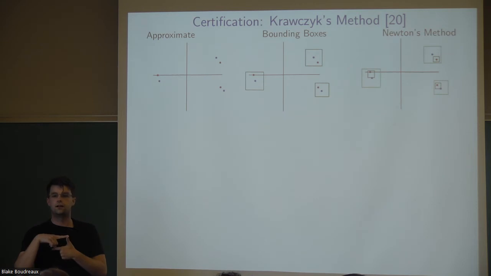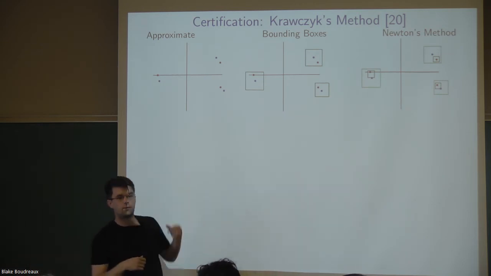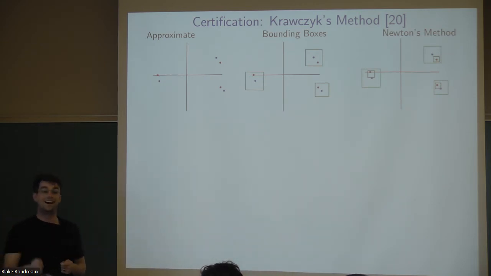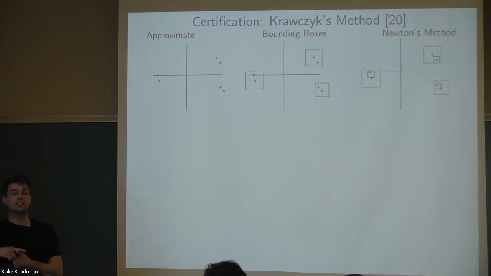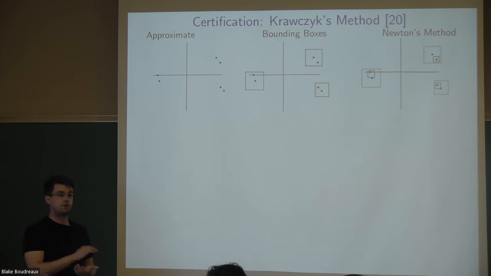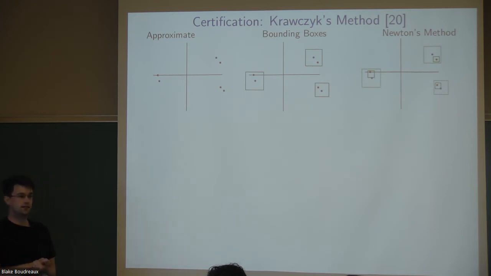To verify whether or not they do, I will apply Newton's method to the box, which is an exact operation. And then I will see whether or not the box has contracted. If the box has contracted, that means Newton's operation is a contraction map, which means I have a unique fixed point within this box.